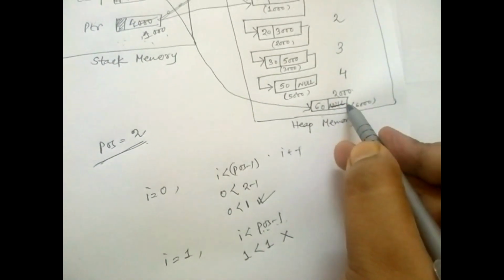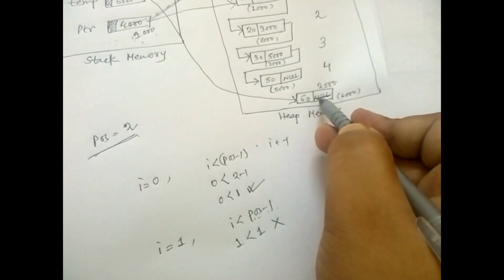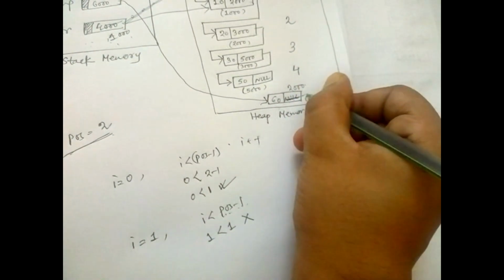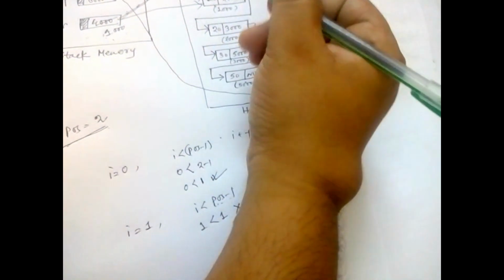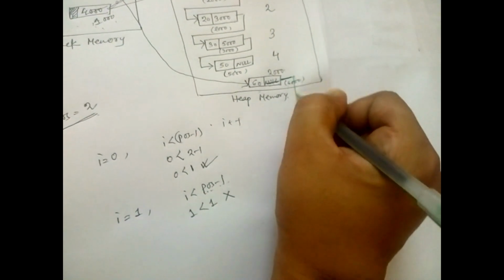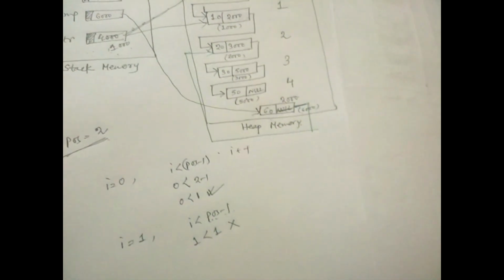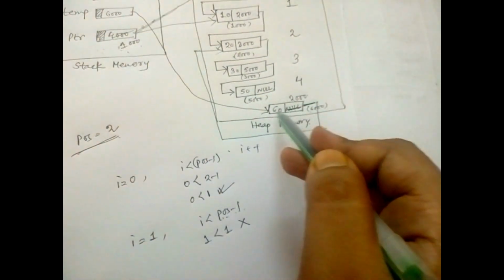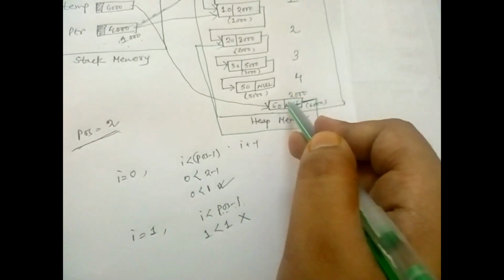Because PTR arrow link is 2000, which is assigned into temp arrow link, it points here. Clear? Because the address of this node is 2000 and temp arrow link is 2000. Now it points to this node.